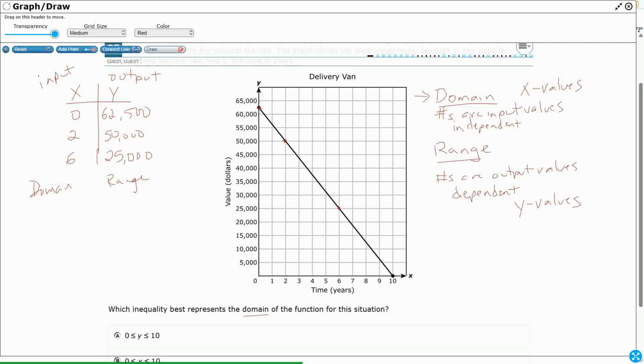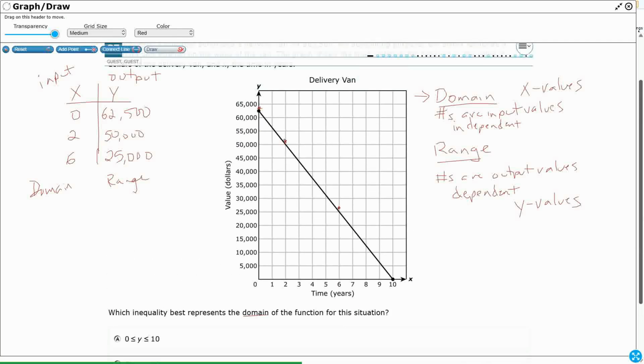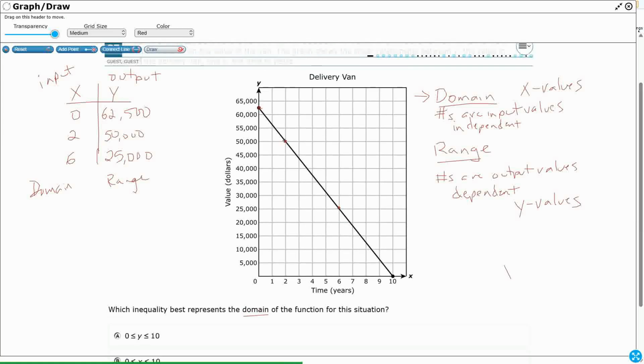All right, so it looks like we're going to do it in this inequality notation here. I can tell you that there are a few things that are not going to work. Look at A and C. A and C have y's. First off, we're dealing with x's, so A and C are not going to work. It's going to be our x values. And let's look at our x values. x looks like it's going to be greater than or equal to 0; it starts at 0.